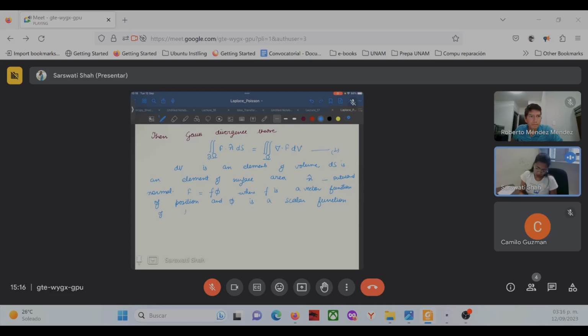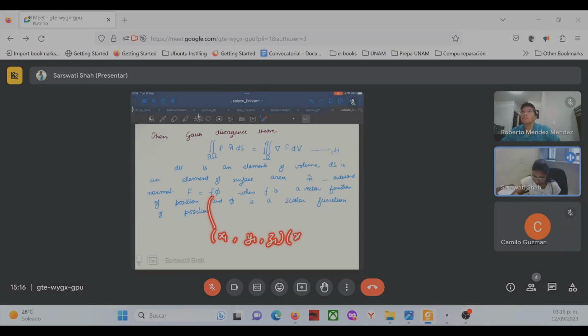I have expressed this in the form of f phi, not a dot product. So what is the meaning of this? I told you that this f is a vector. If you want to visualize it, f will be like x1, y1, z1, and phi will be like some function, x squared plus y squared plus sine z.